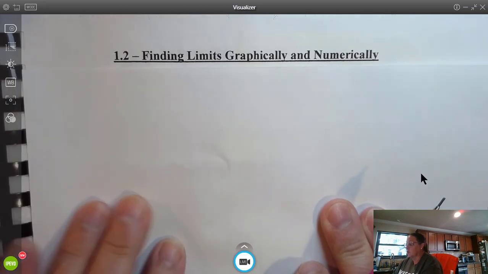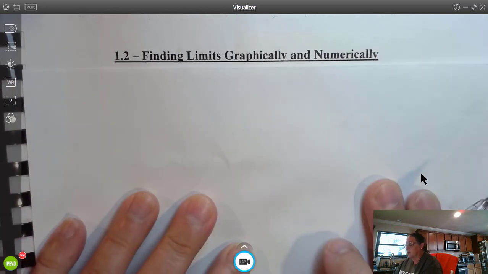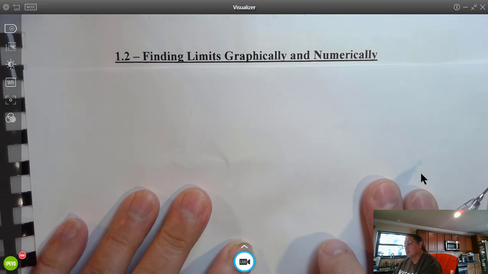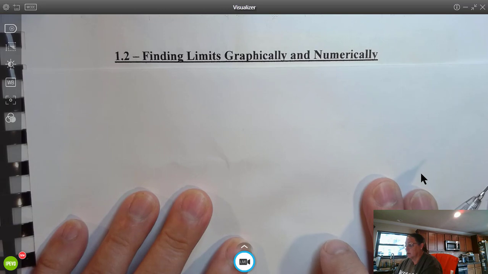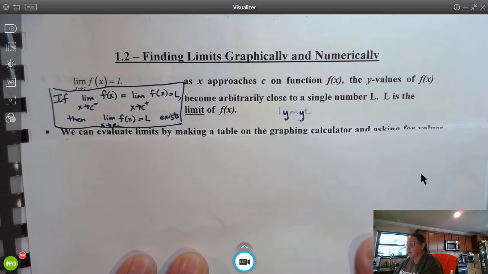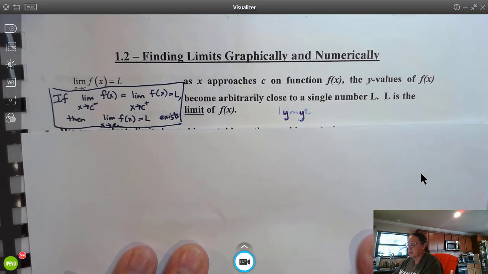Now, we have just learned a little bit of how to use our calculator. We've discovered that a limit is a y value that a function is approaching as it approaches an x value from both sides. So we come to our formal definition of limits.